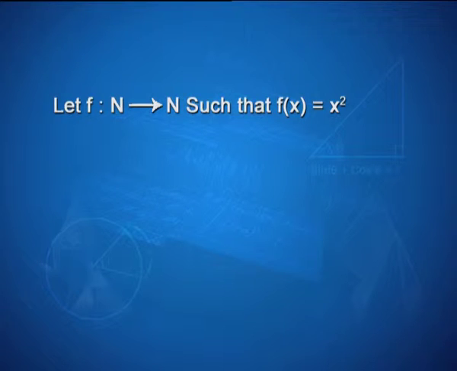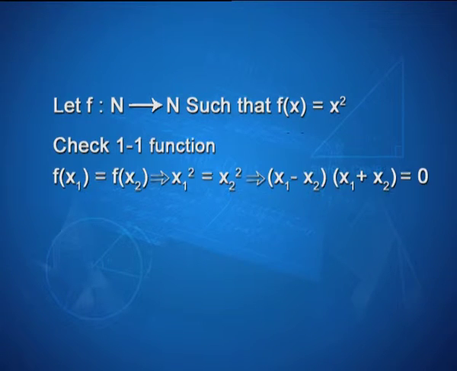Let f be a function from the set of natural numbers to natural numbers such that f(x) is defined as f(x) = x². For a 1-1 function, let f(x1) = f(x2). This implies x1² = x2². This implies x1² − x2² = 0.